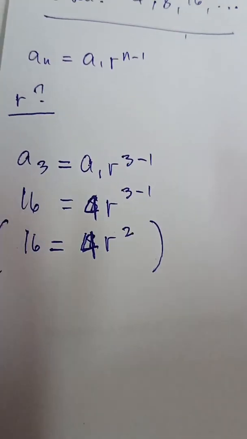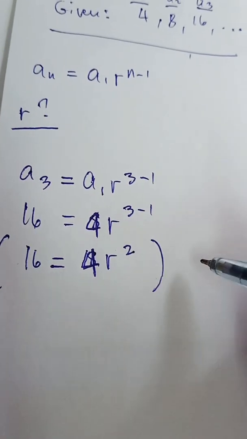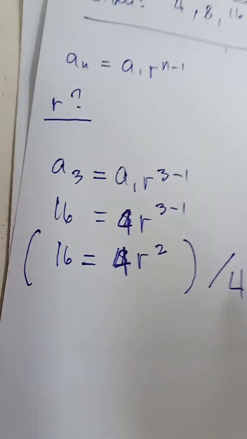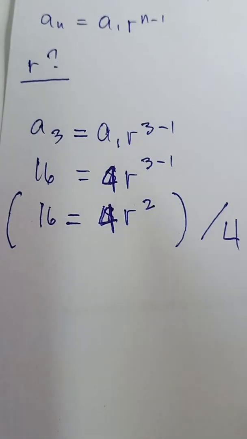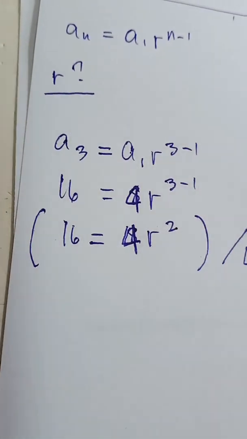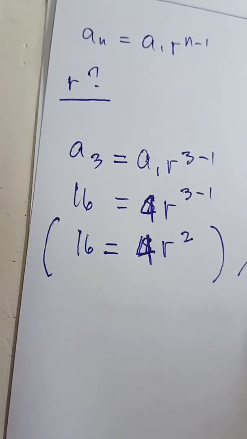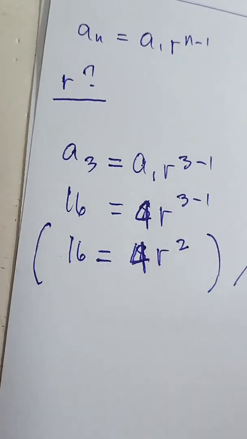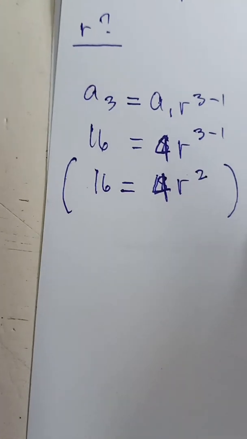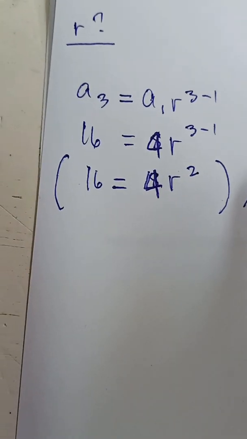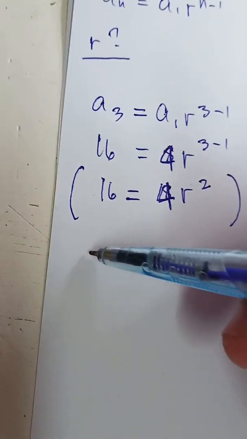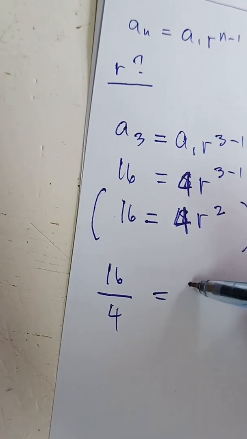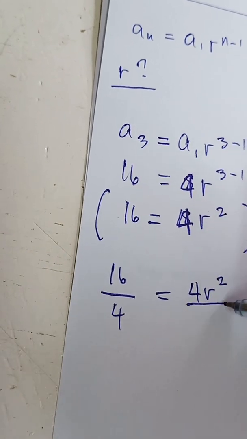Magmumultiply tayo or gawin na lang natin para mas madali, i-divide natin sila ng 4. Okay? And then why 4? Okay, bakit 4 yung ginamit ko ay papakita ko mamaya kung bakit, ano? So if we divide both sides by 4, syempre si 16, divide mo yan ng 4. Yung 4r squared, divide mo rin siya ng 4.